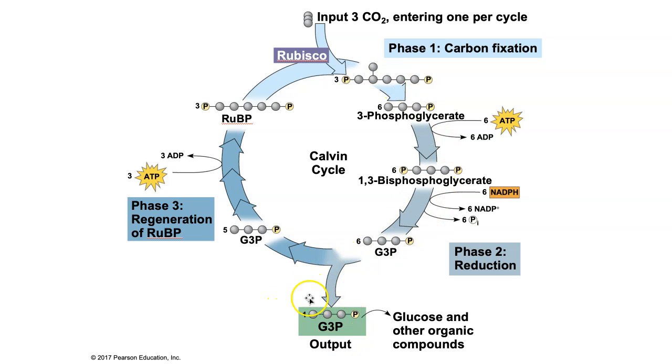We're creating a G3P. We need 2 G3Ps to make a glucose. Each 3 turns of this creates 1 G3P. 6 turns creates 2 G3P, which we can create a glucose from. Then we have to go through the regeneration phase to create RuBP again, our 5-carbon organic molecule.